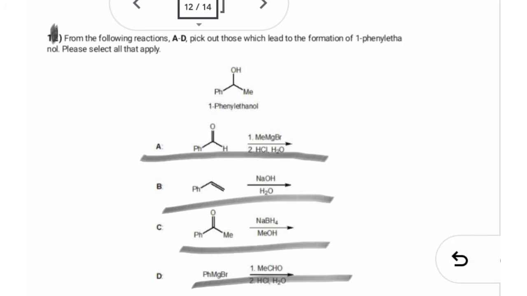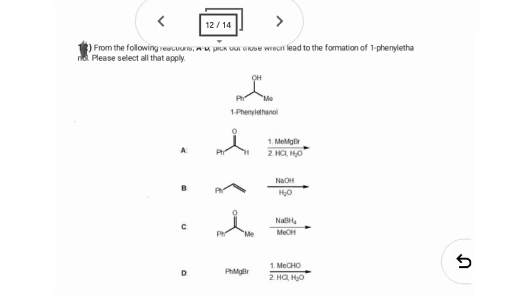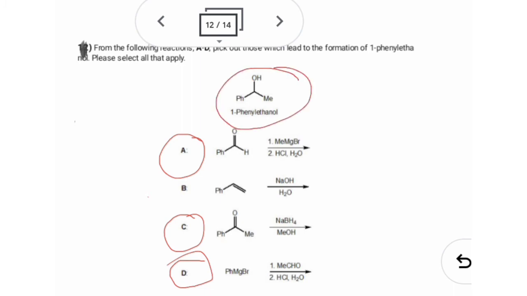So now let's analyze these reactions. This question has got 3 answers. A is the correct answer, C is the correct answer, and D is also a correct answer. So if you perform these 3 reactions, you're all going to get this required product. Now let's look at these 3 reactions in detail.